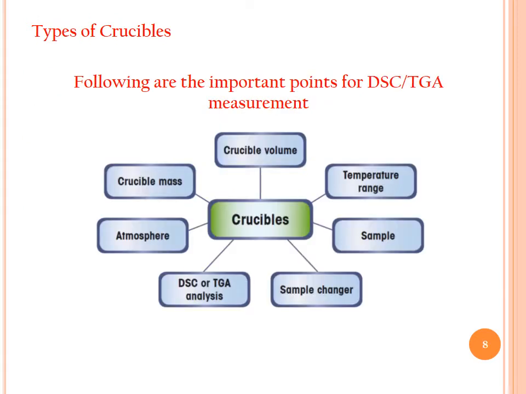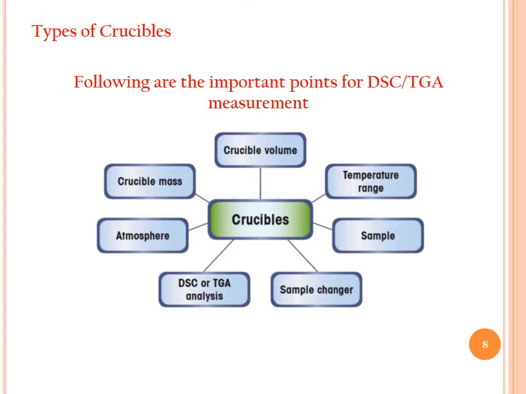So the following are the important points for DSC or TGA measurement that have already been discussed. These crucibles are used as a sample holder in DSC and TGA techniques. Crucible volume, temperature range, sample changer, DSC or TGA analysis, meaning which kind of analysis we have to perform to analyze any type of material under investigation.